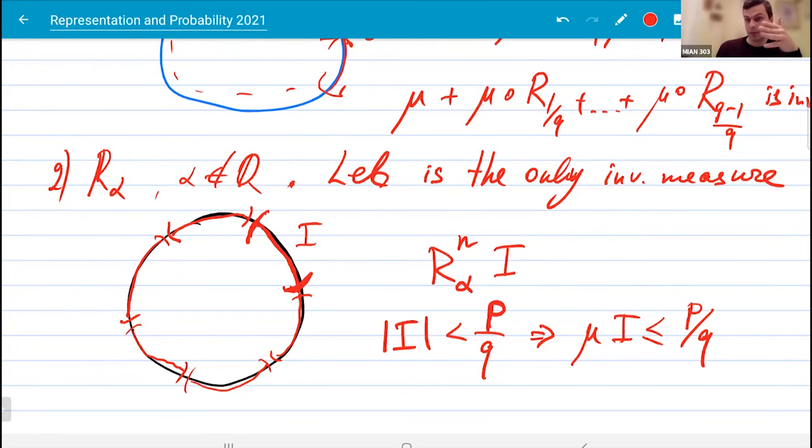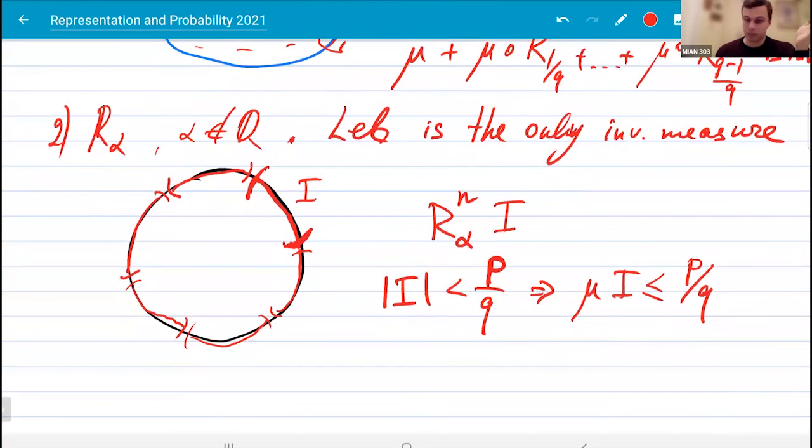And then I get this by exactly the same argument. And of course I can also prove similar things, because I can just pass to the complements.